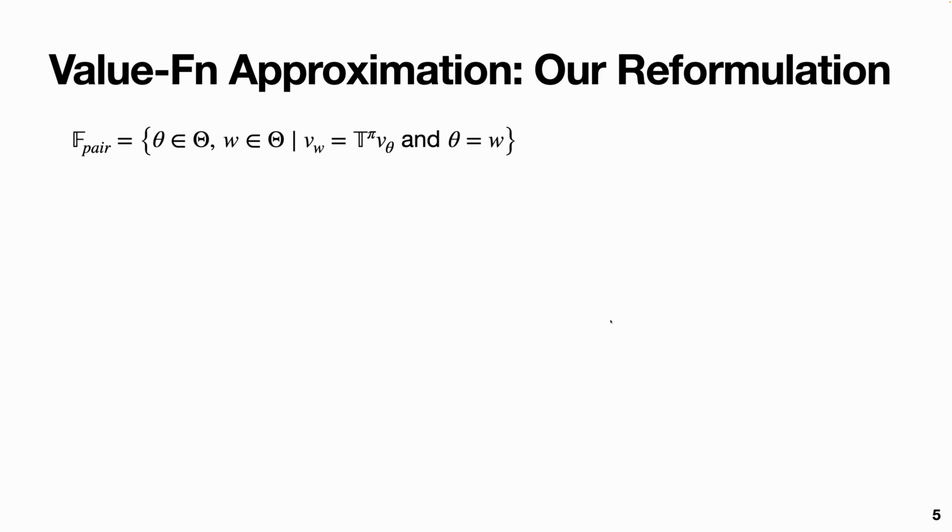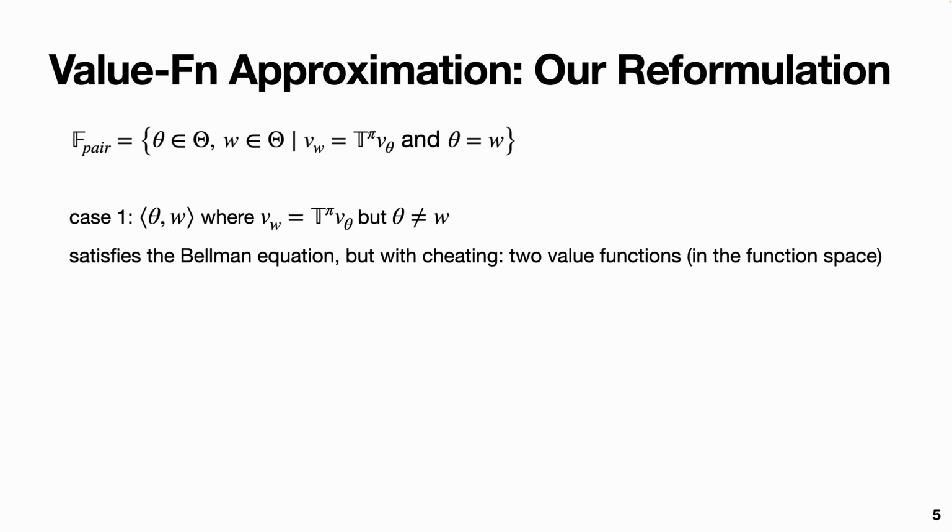Now, let's think about this set a bit deeper. Let's take an example. Say we have this pair of weights, theta and w, where we satisfy the Bellman equation, but not with two weights that are exactly the same. These two weights are different.